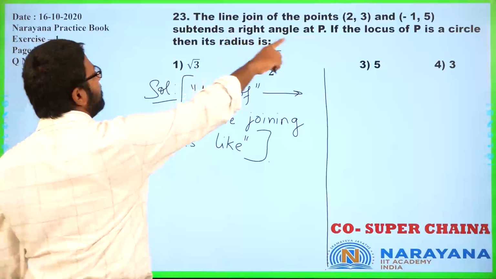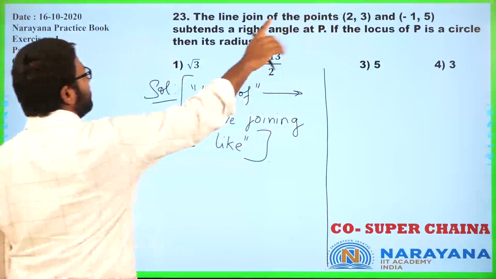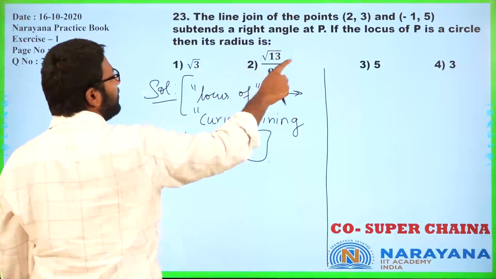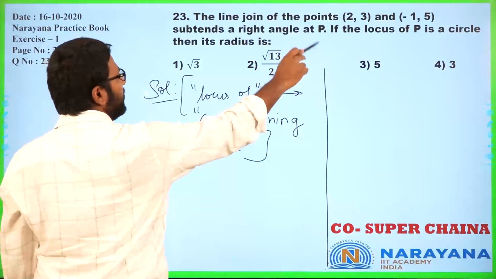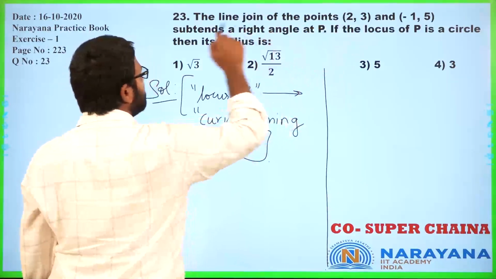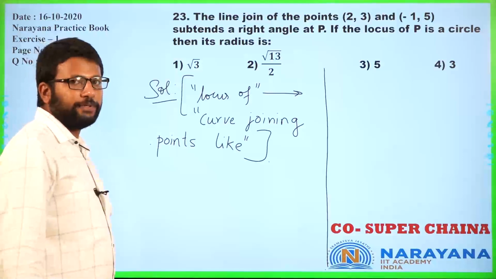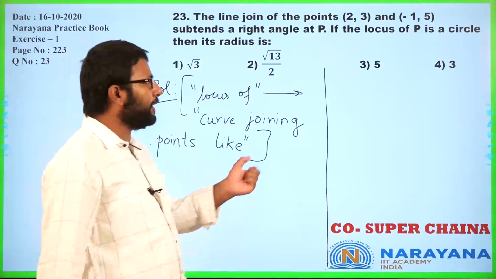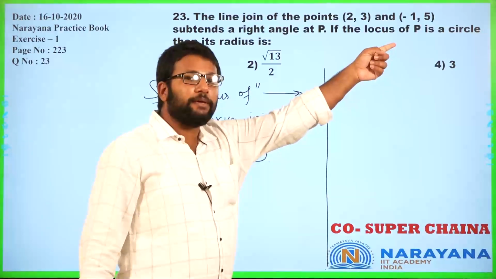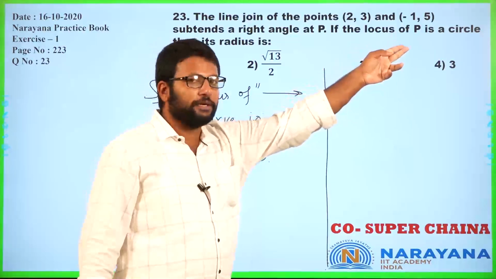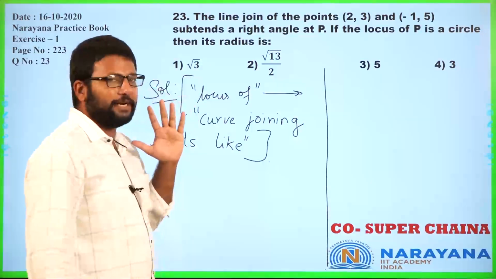The line joining the points (2, 3) and (-1, 5) subtends a right angle at P. If the curve joining points like P is a circle, then what is its radius? So we need to now find the curve joining points like P, and it is given that it is a circle. Then what is the radius of that circle?